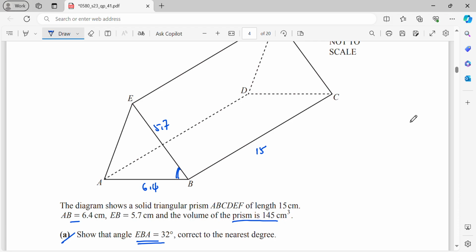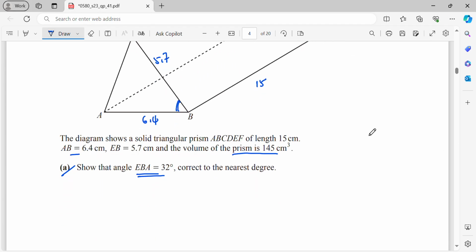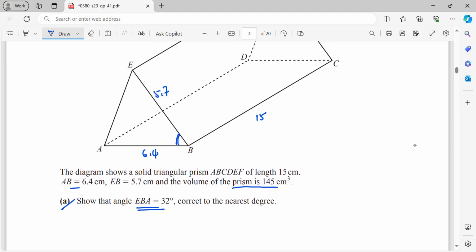Okay, so now we need to get the volume. Because you are given the volume, basically the volume is the area of the triangle times this length.